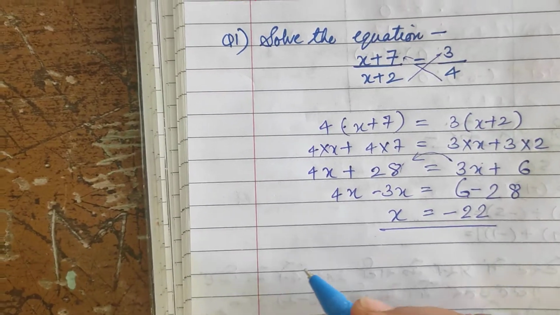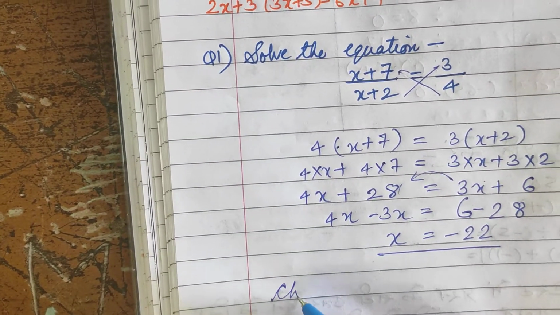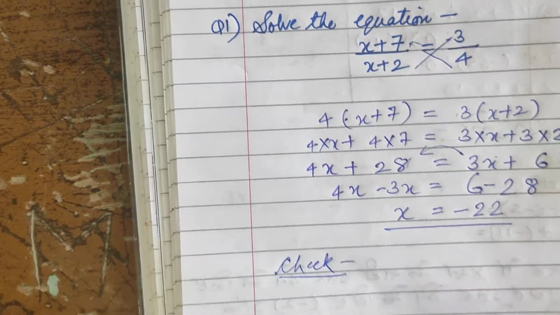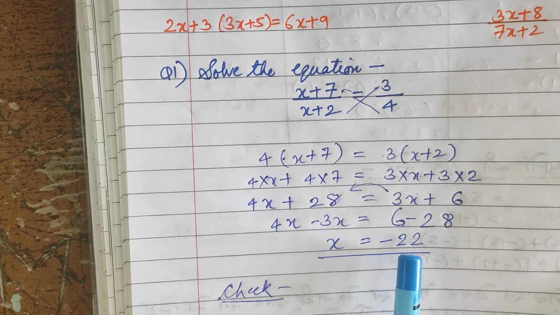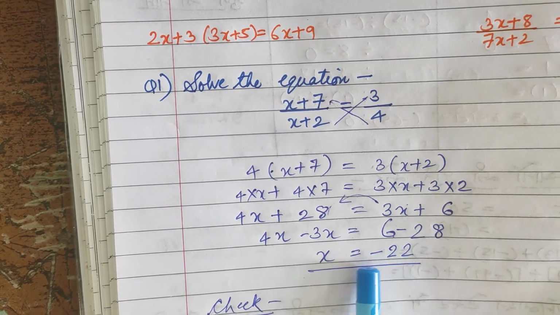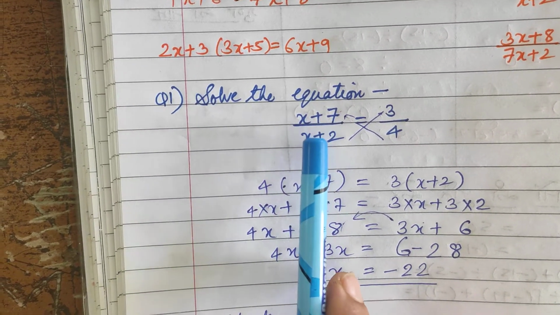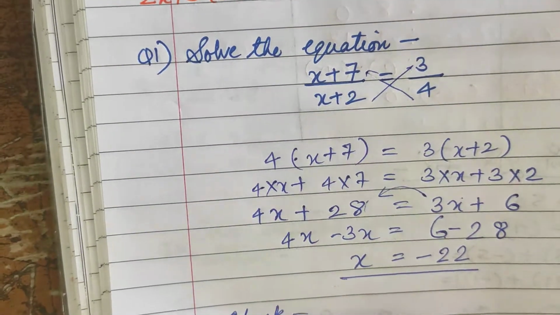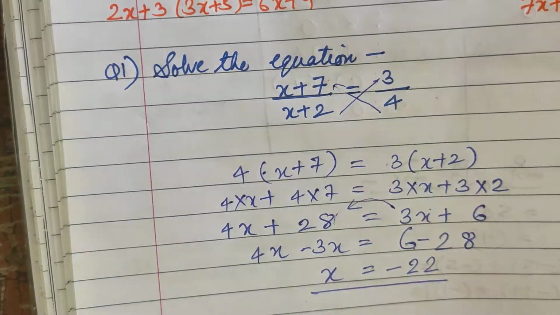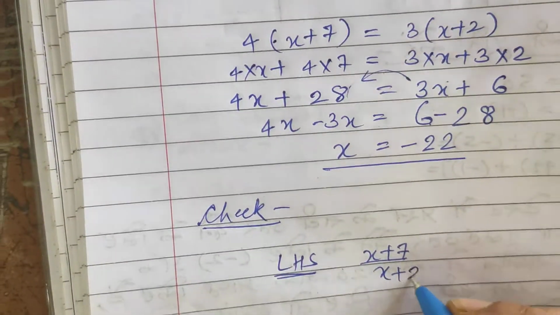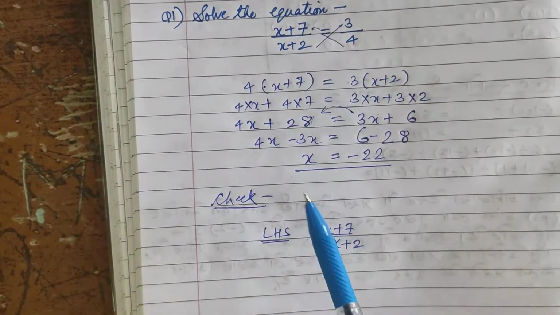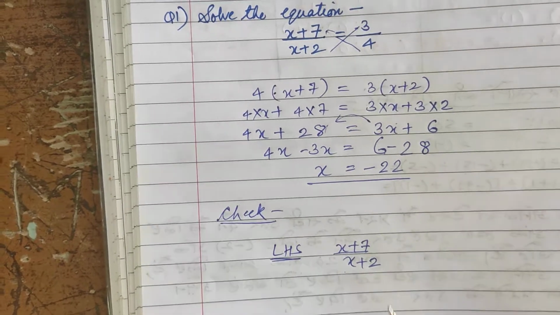We can verify our answer also. How can we check it? Whatever value we are getting, like we are getting x equals minus 22, we will be putting x equals minus 22 in the given equation. So LHS, the left hand side of the equation, that is (x plus 7) by (x plus 2).